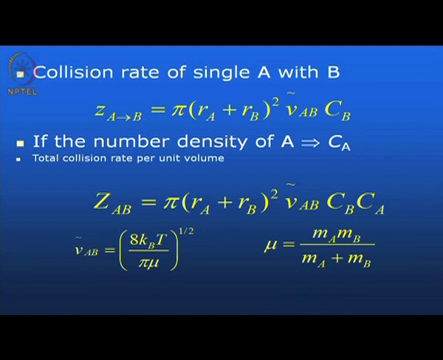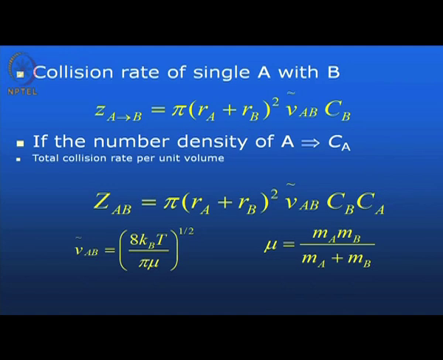Now, if the number density of A, think that we are now putting more of A instead of only a single A molecule, putting more than one molecule of A. So, in that case, total collision rate per unit volume.